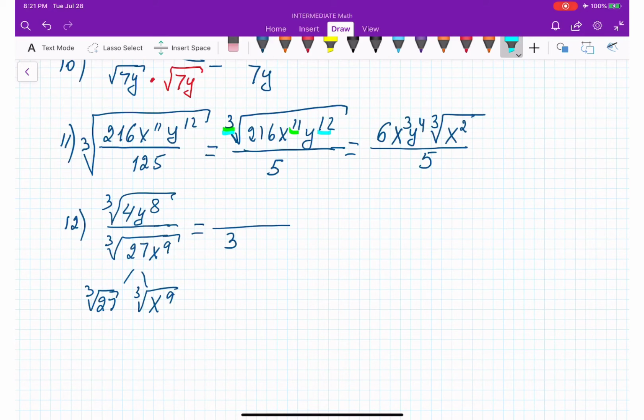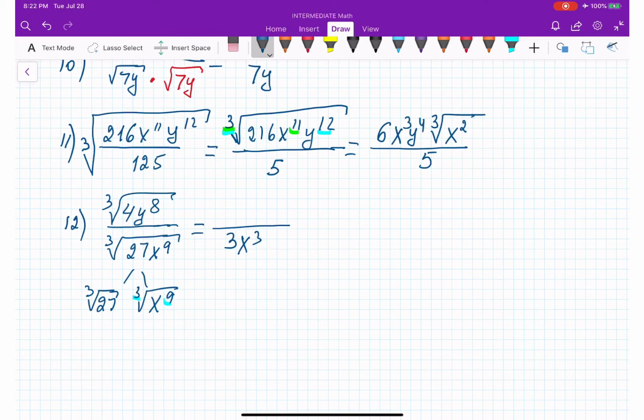And x to power 9, 9 divided by 3, it's getting 3. So I'm getting x to power 3. So it nicely got out of the radical itself. So I don't need to do any rationalization. Therefore, it is my advice, always check first if it's coming out of the radical or not. If not, only then go to rationalization.